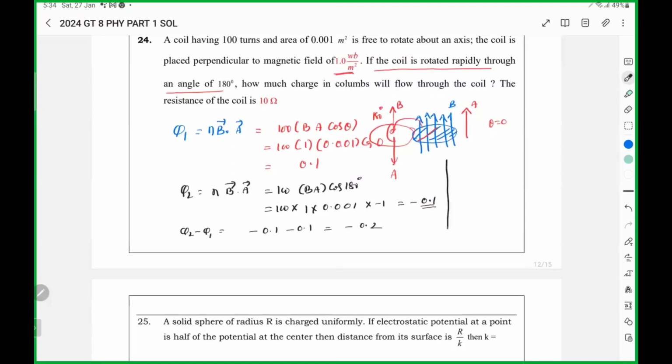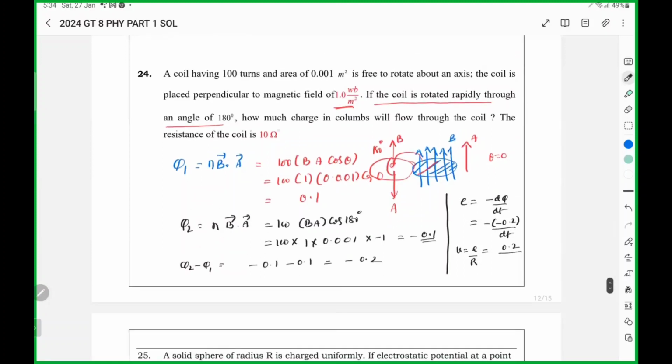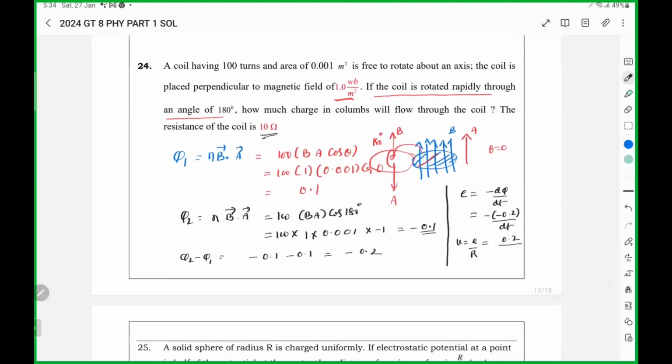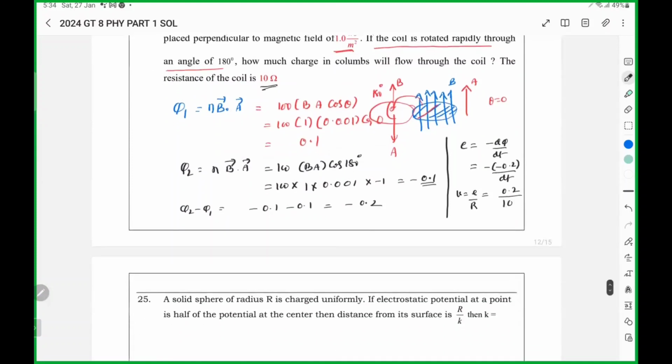So EMF induced is minus dφ by dt. And here I is E by R, that is 0.2 by resistance, 10 ohms given, into dt.